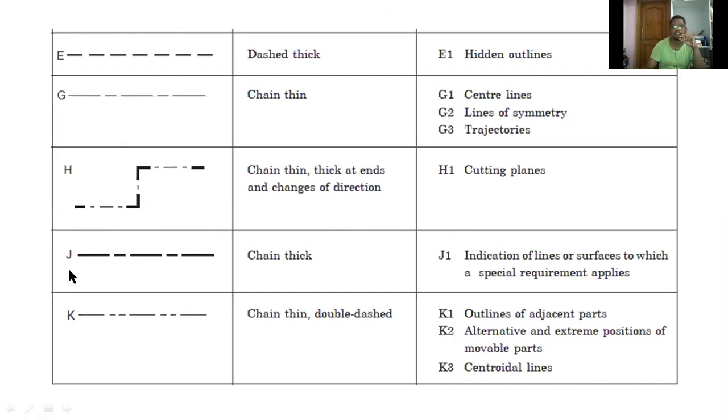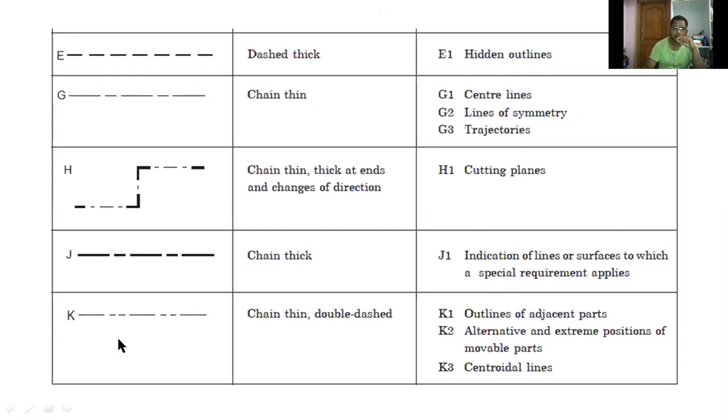Now this type J line, that is thick, long line, short line, long line, short line, thick chain line. Okay, this line is useful for indicating the lines of surfaces to which a special requirement applies.